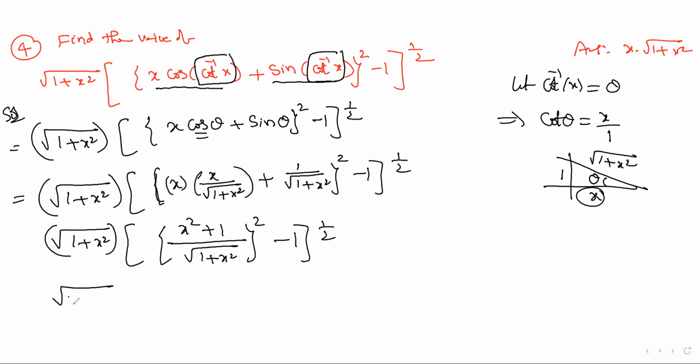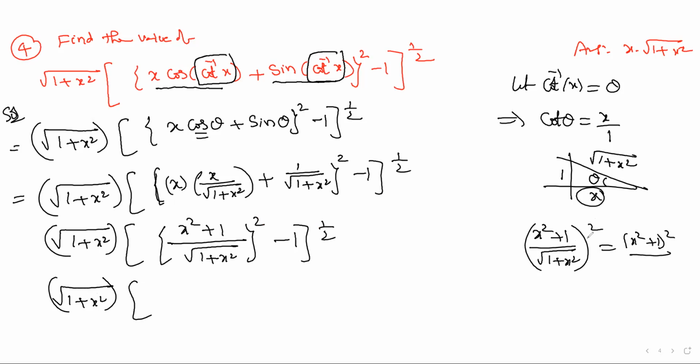So root under 1 plus x square into (x square plus 1) by root 1 plus x square, whole square. How much is this value? This is nothing but (x square plus 1) whole square by denominator; the root gets cancelled, x square plus 1. The x square plus 1 also gets cancelled. So what is this value?